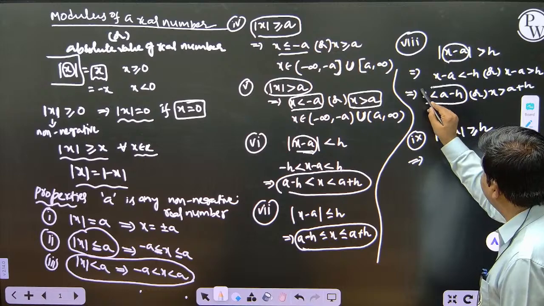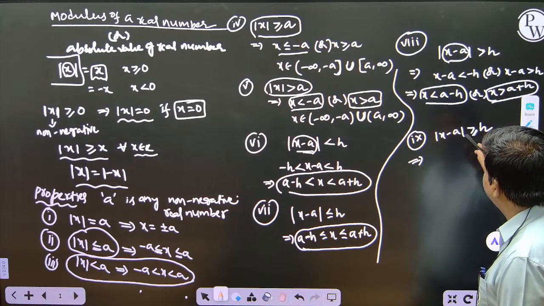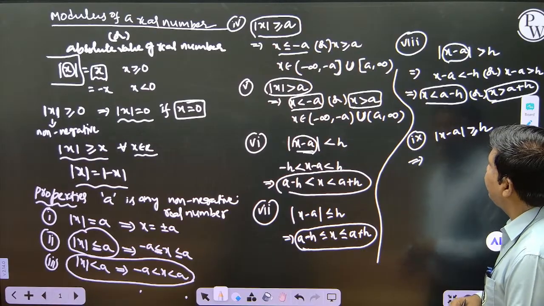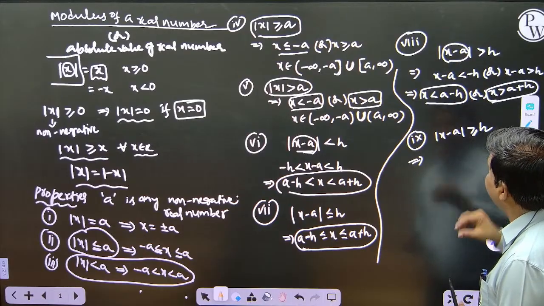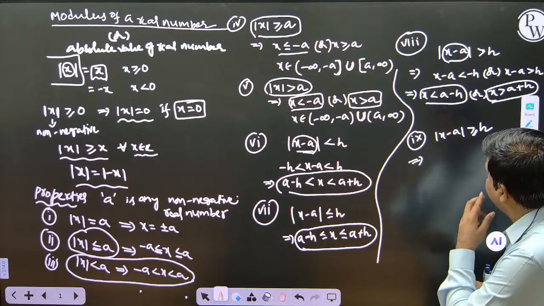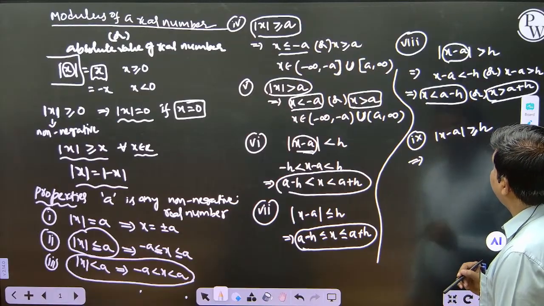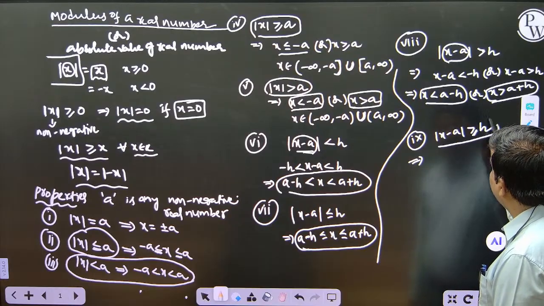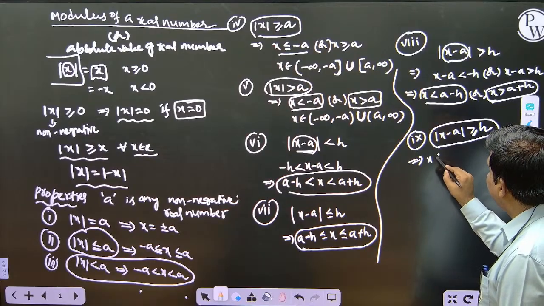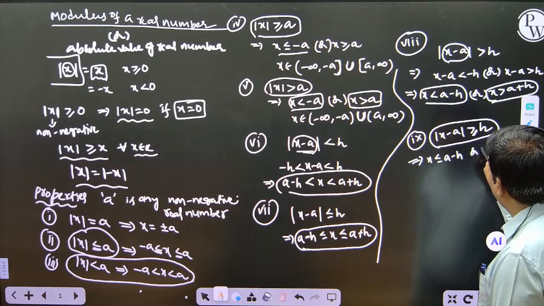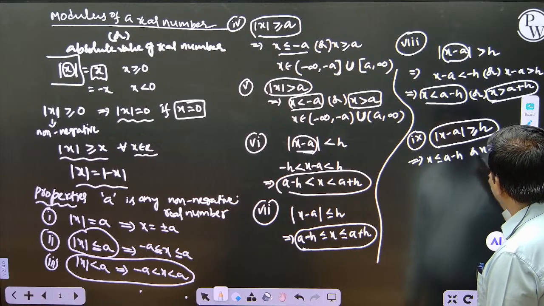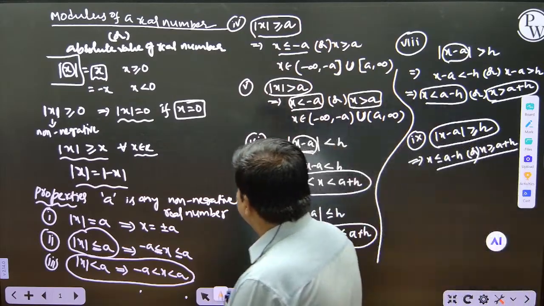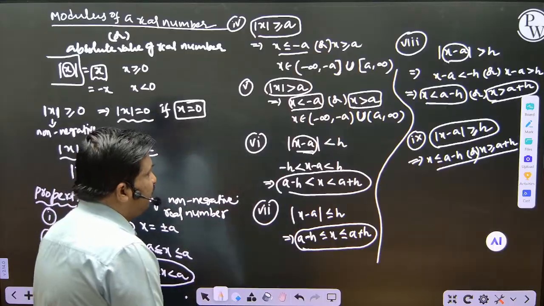So I just add equality, because these two are the same. The only difference is that here we have equality and there we don't. So use the formula: x less than or equal to A minus h, or x greater than or equal to A plus h. These are the formulas related to your absolute value. Note down.